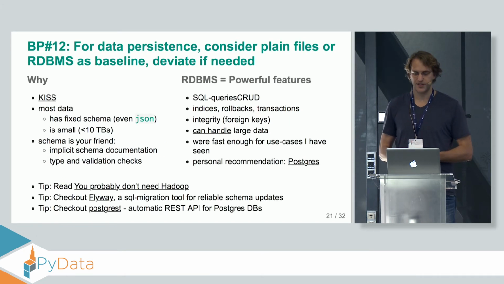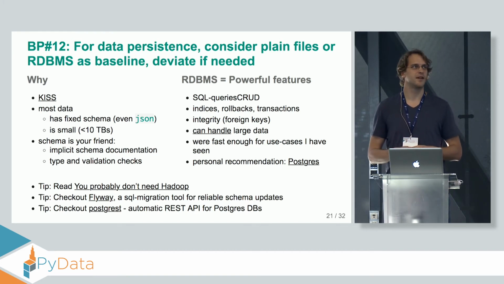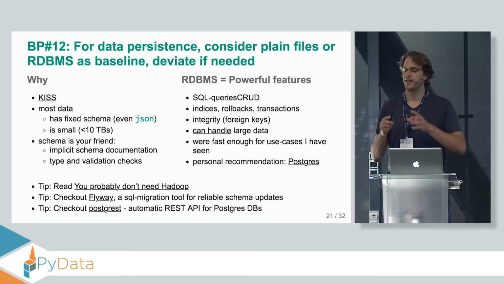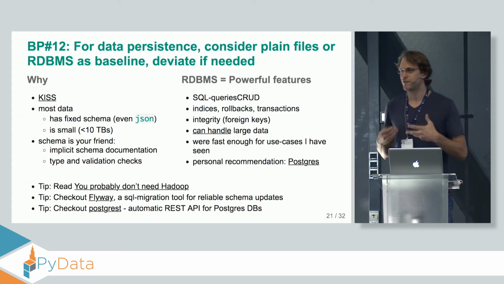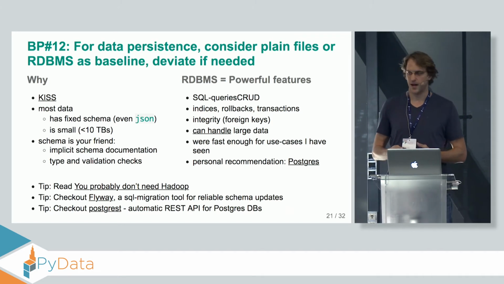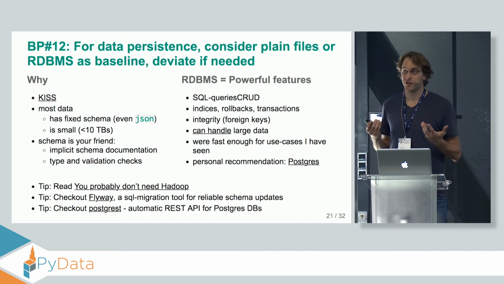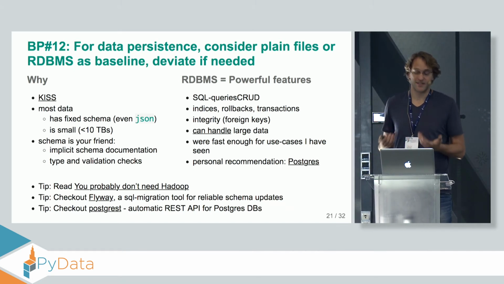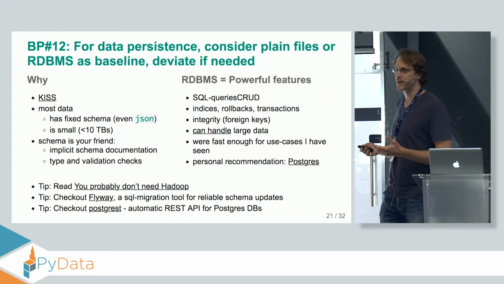For data persistence, also keep it simple. Just consider plain files or relational databases as a baseline, and deviate only if needed. As you can see, I'm a huge fan of keeping things simple. This also applies to persistence. Most data that I have encountered are not large, and have a fixed schema. So why not use a tool which is perfect for this, which are relational databases.